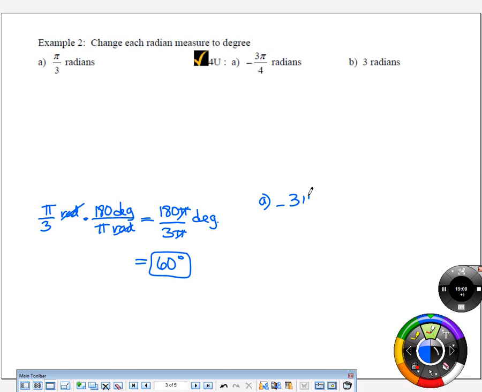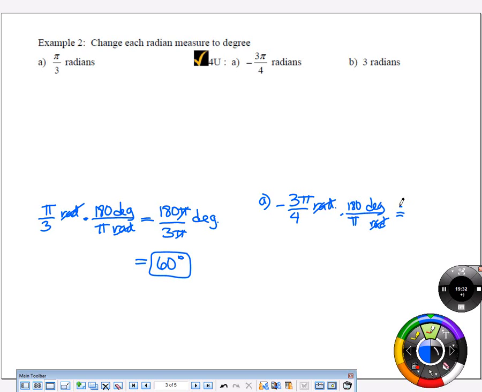But let's look specifically at this one. Okay. So again, they're giving us radians and we want degrees. So we want to multiply by something that will cancel radians and leave us with degrees. Okay. And again, we have that 180 pi relationship. Just make sure we put them in the correct positions. And then our radians will cancel.